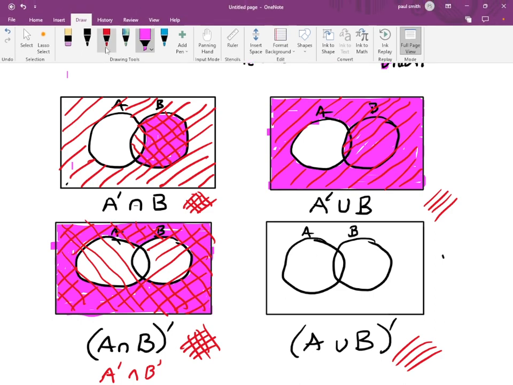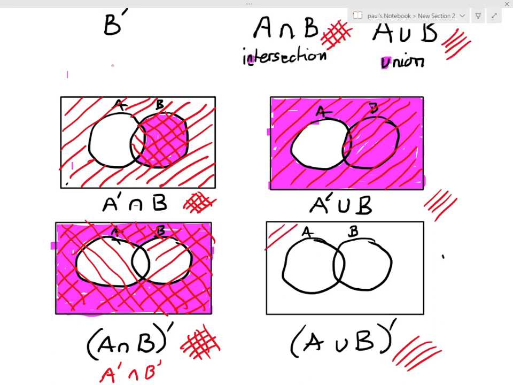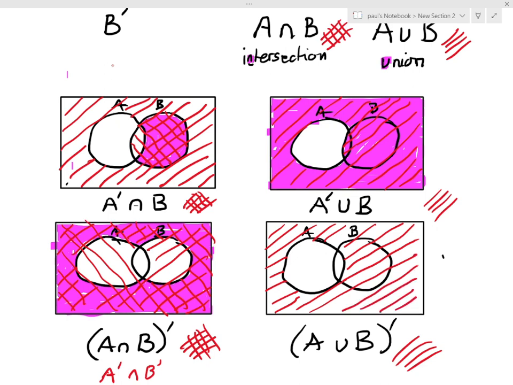Right, okay, this one. So not in A again. And this time we just do the straightforward ones, single lines, and not in B. It's going to be that, including that.